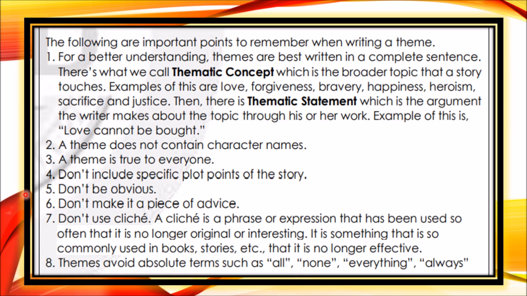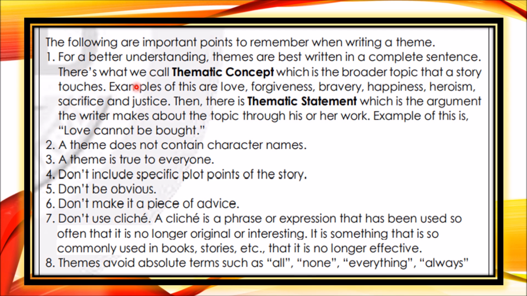The following are important points to remember when writing a theme. First, for a better understanding, themes are best written in a complete sentence. They're what we call thematic concept, which is the broader topic that a story touches.